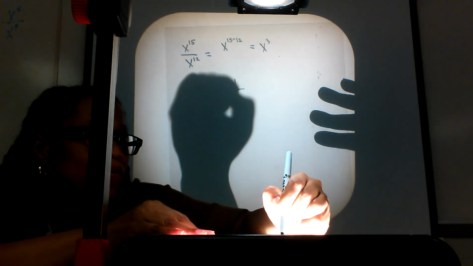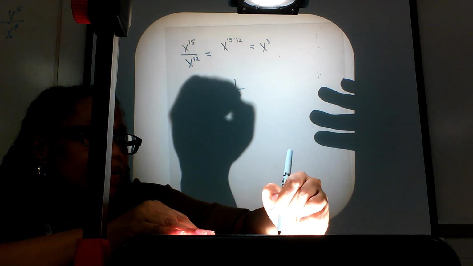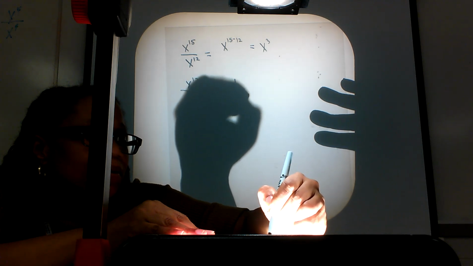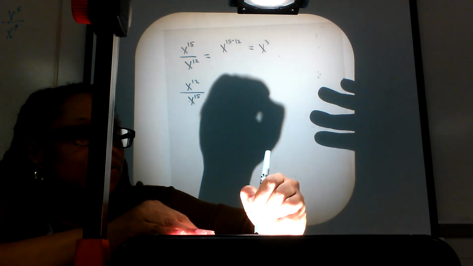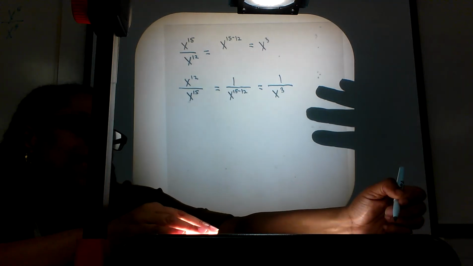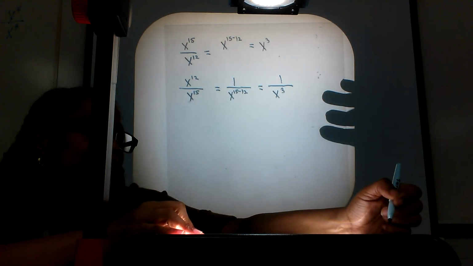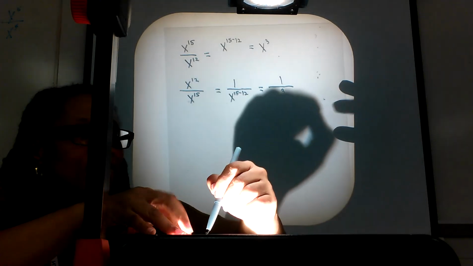You have to put the 1 on top, and I'm bringing it down to the bottom, raised to the 15 minus 12 power. So that gives me 1 over X to the 3rd, like that. Okay? See it? All right, great.